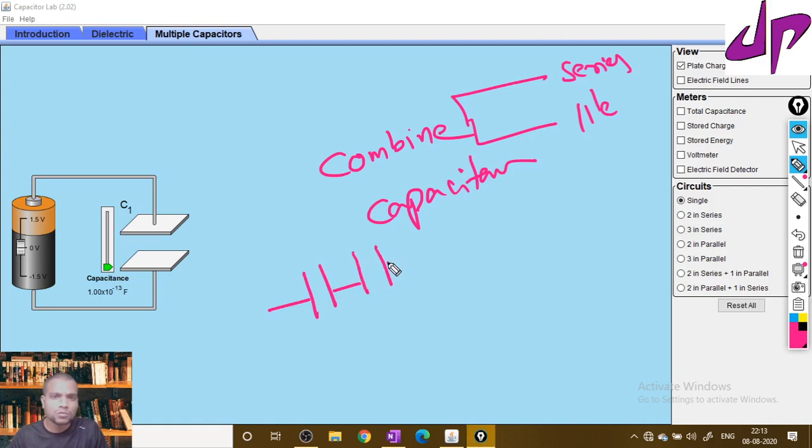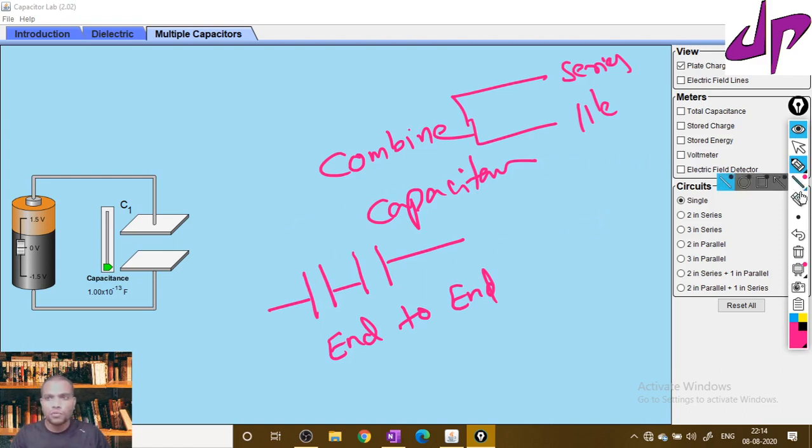In series we need to connect end to end. It means one leg of a capacitor connects to a leg of another capacitor, since capacitors have two legs.